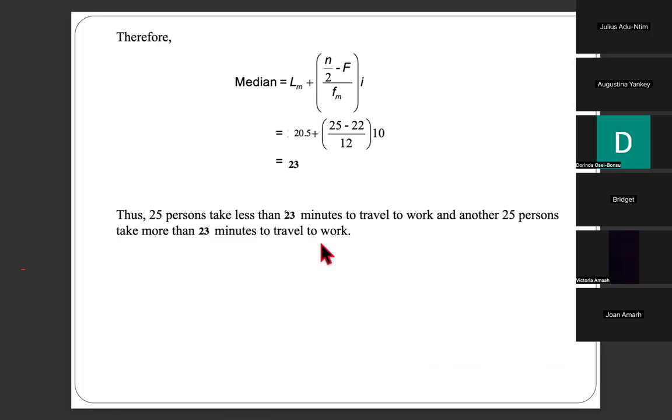We are looking at those that take less than 23 minutes and those that take more than 23 minutes, and in each case, 50 divided by 2 is 25. So the median is saying that 25 of them take less than 23 minutes to travel to work, and another 25 take more than 23 minutes to travel to work.